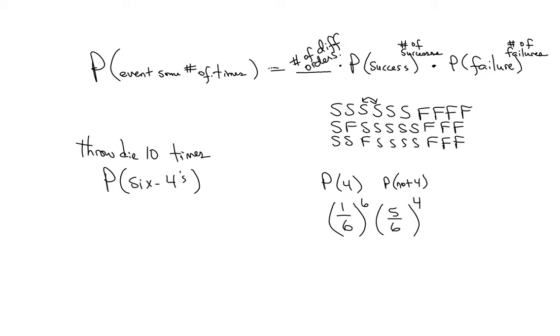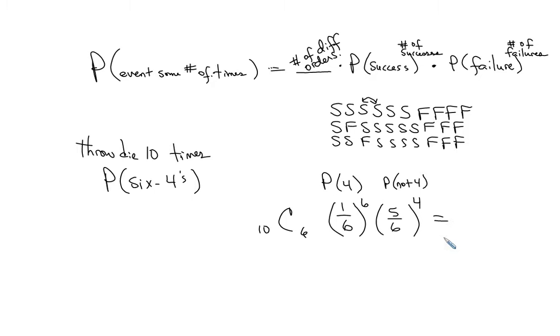So that's why we use combinations, and so the number in front ends up being, how many times are we throwing the die? 10. 10 trials, and we want how many to be successes? 6. If you were throwing the die 100 times and you wanted 38 successes, it would be 100 choose 38. Does that make sense to everybody? Is that something we could punch into the calculator pretty easily? And this will give us the answer.